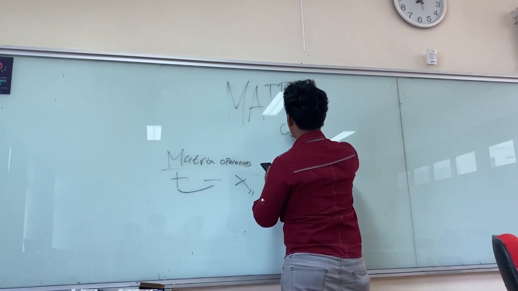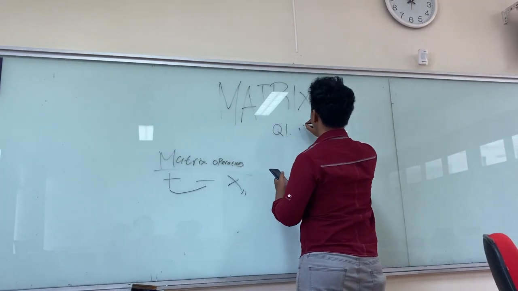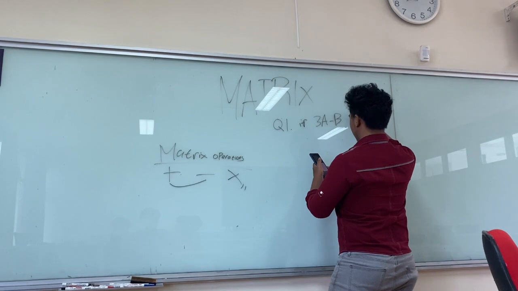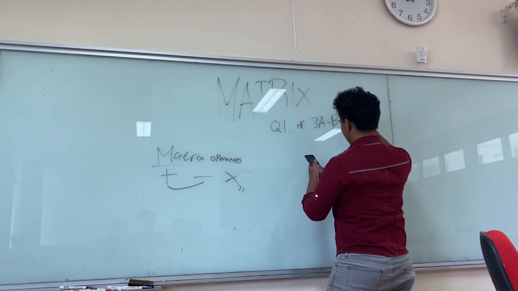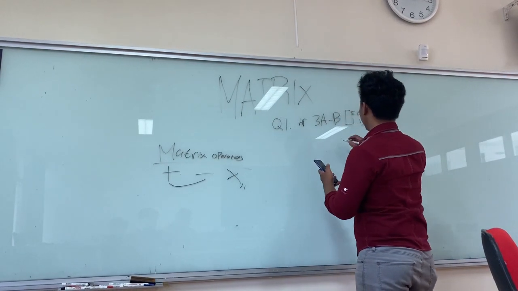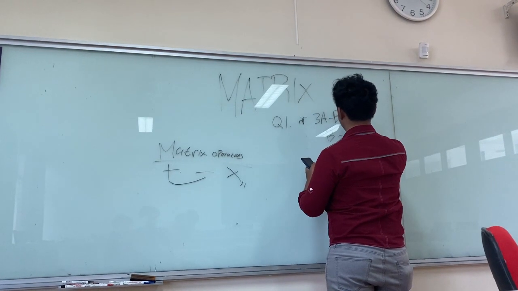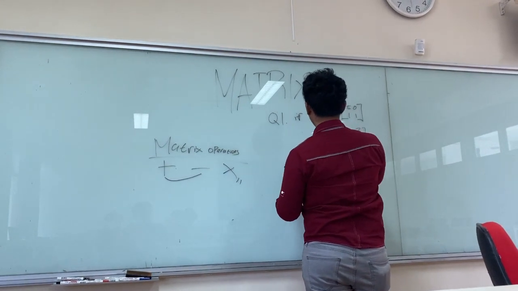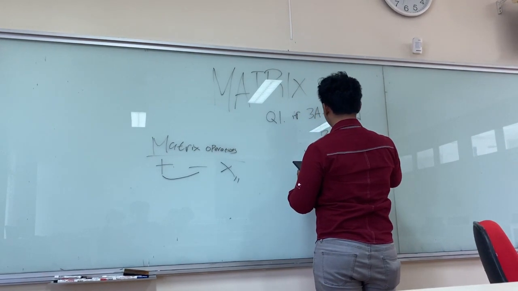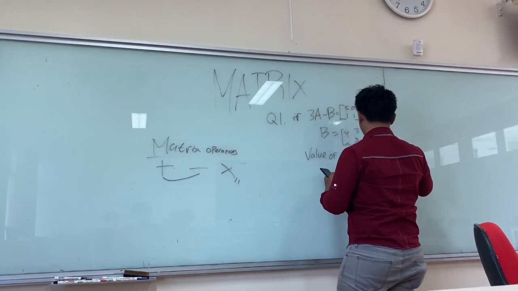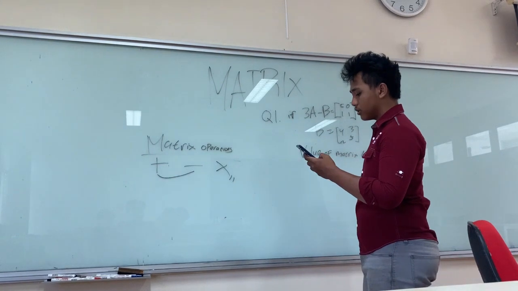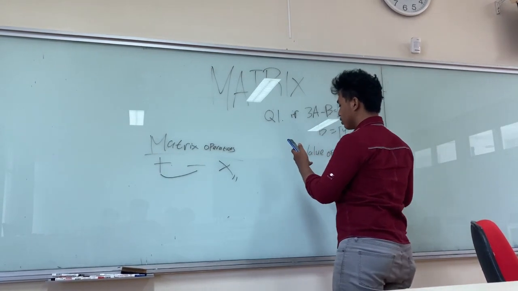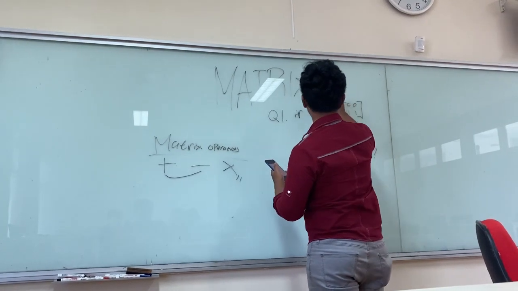So question number 1. If 3A minus B is [5, 0, 1, 1] and B is [4, 2, 3, 5], then find the value of matrix A. So this is the following equation, and what you need to do is put all of this into the answer.